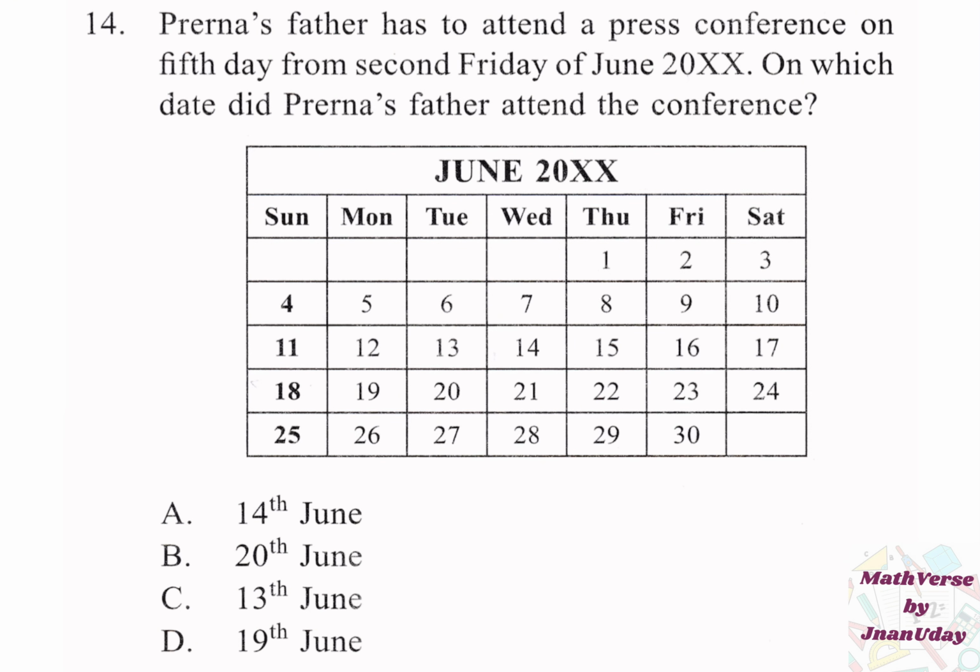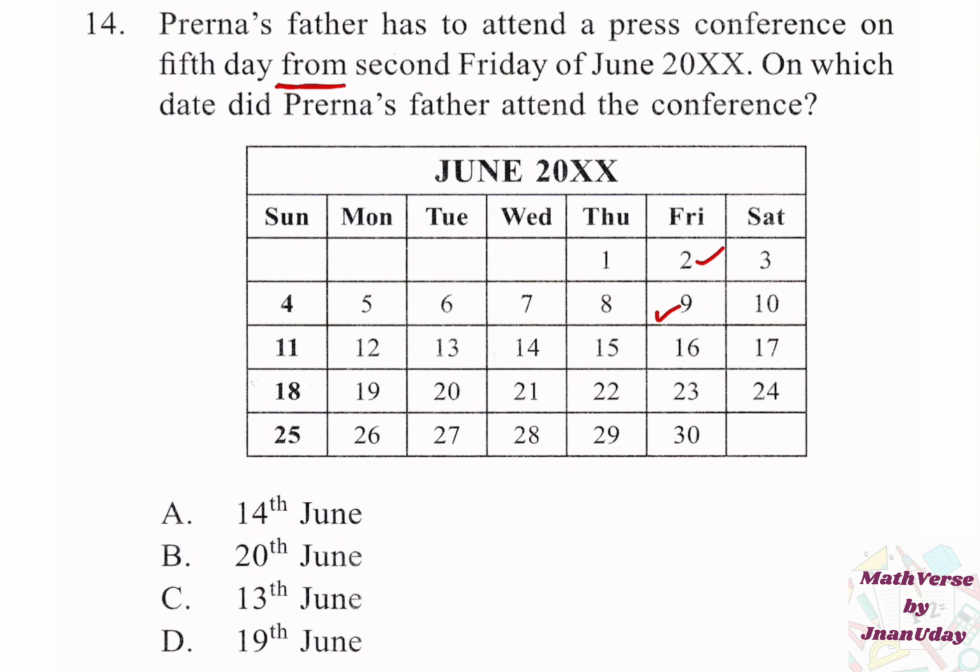Question number 14 is, Prerna's father has to attend a press conference on the 5th day from the 2nd Friday of June 20XX. On which date did Prerna's father attend the conference? Now here we have to understand one word, that is from the 2nd Friday. So the first Friday is 2nd June and the second Friday is 9th June.